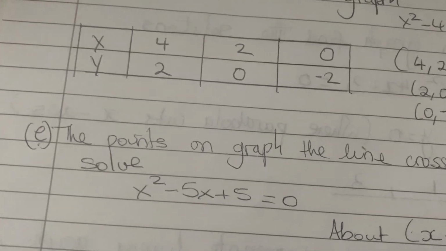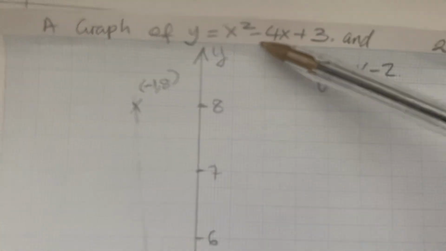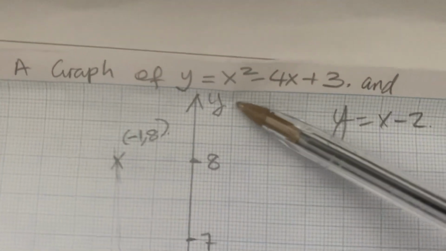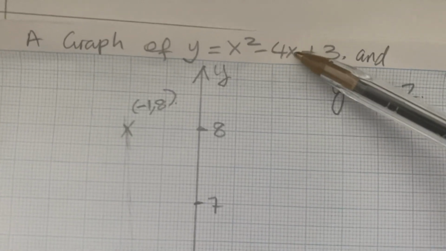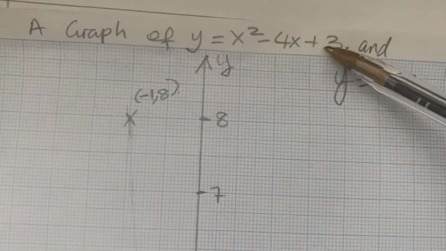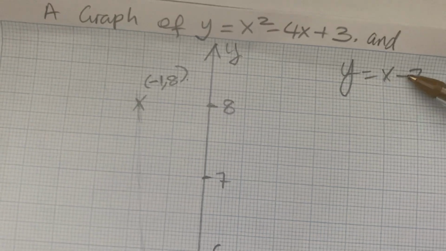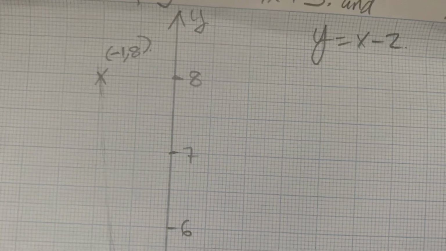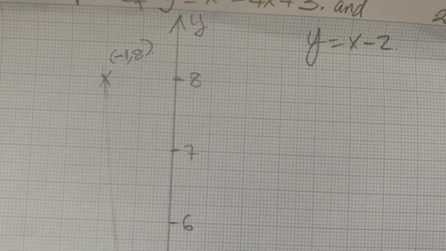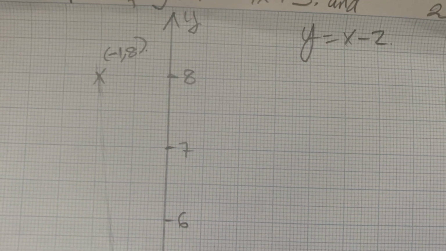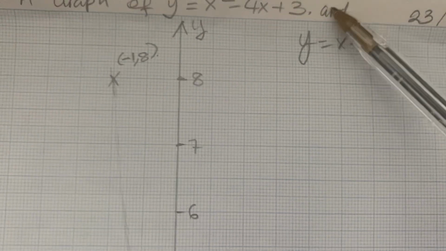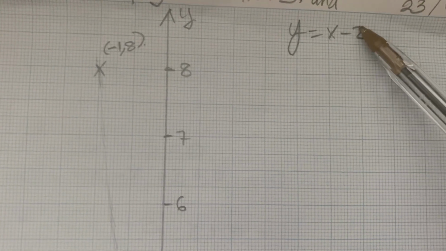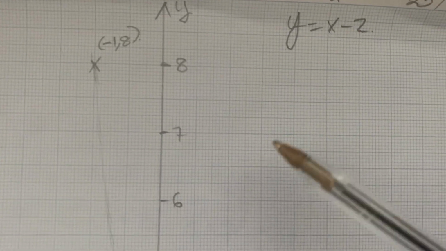Now if you look at my graph, I've labeled it the graph of y equals x squared minus 4x plus 3 and y equals x minus 2. Because when I saw the question, I realized that for the last bit, I need to manipulate it so that I can draw a linear graph and where they cut will be my answers.